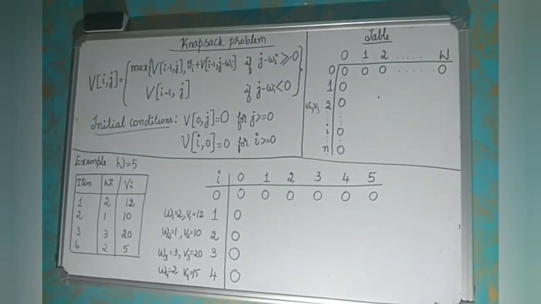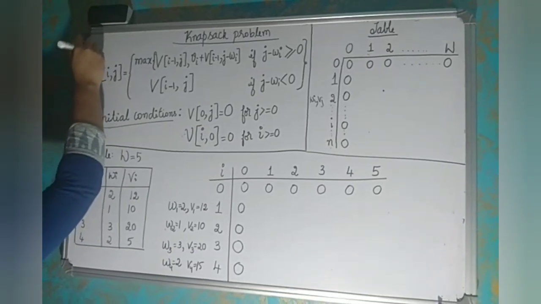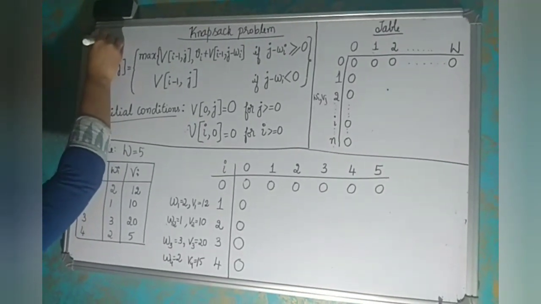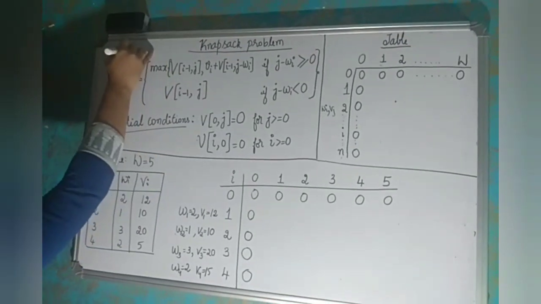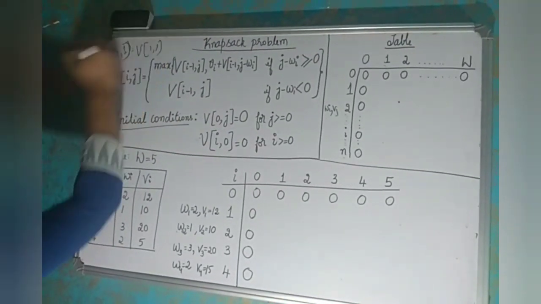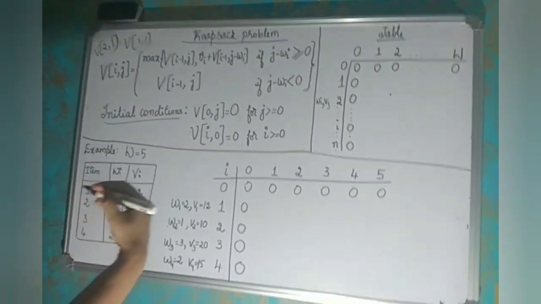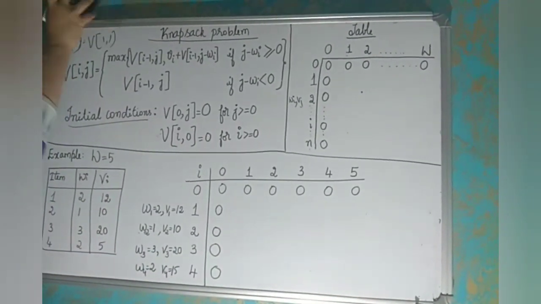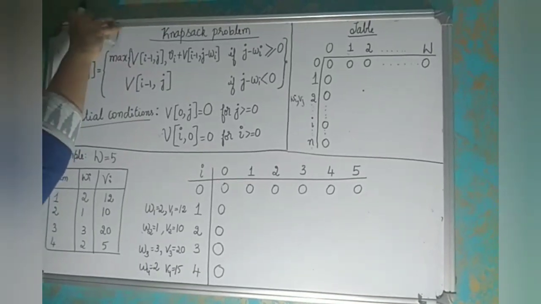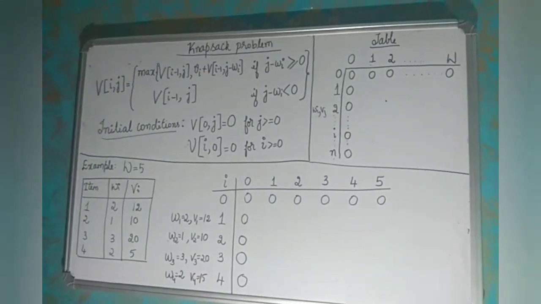For example, if I take V of 2, 1, then V of i minus 1 will be V of 1, 1. That means the value in the previous row and in the same column. That is the meaning of V of i minus 1, j.